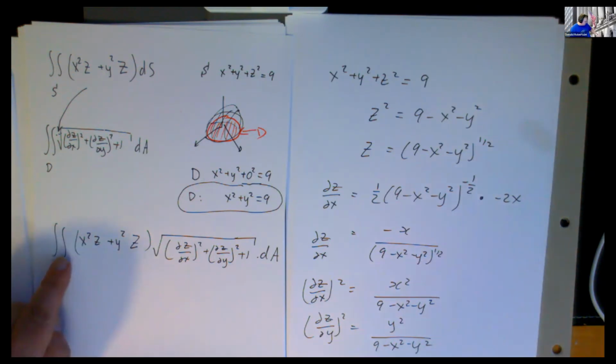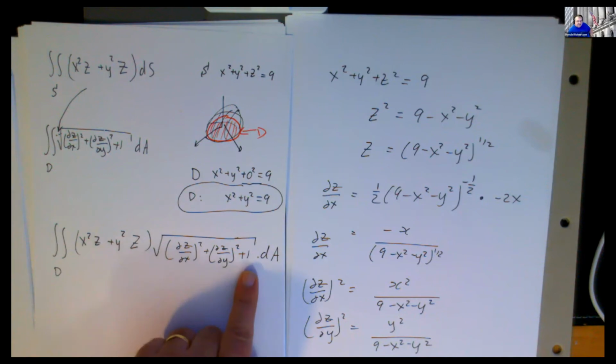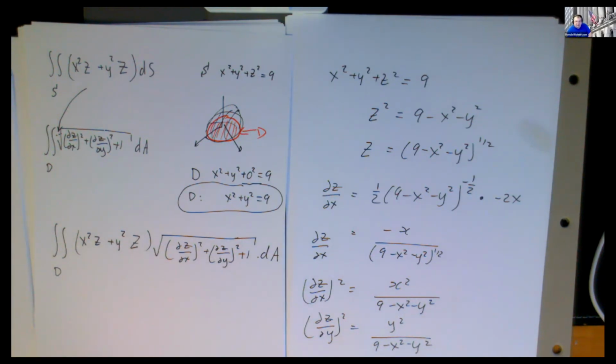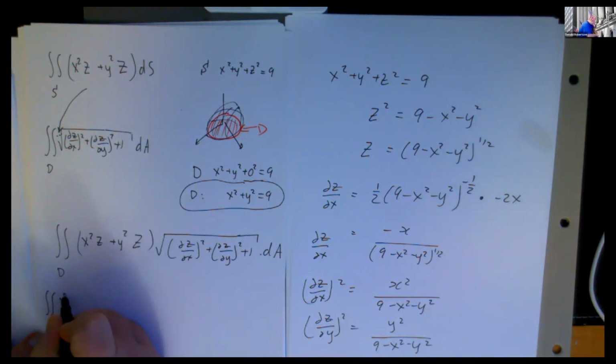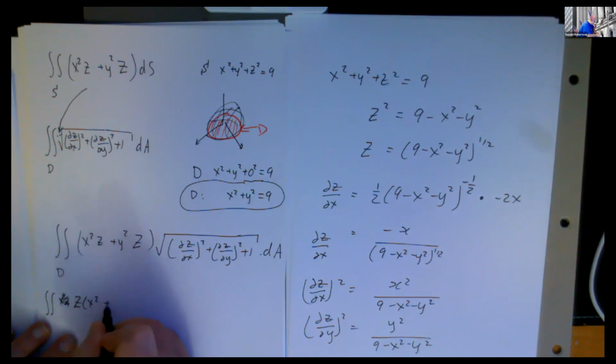Now, this mess over here is going to get converted into nothing but x's and y's first, and then we'll figure out the polar afterwards. So let's see what we have. So it's going to be the double integral of x squared z. Oops, already start off at a bad place. Let's do it that way.